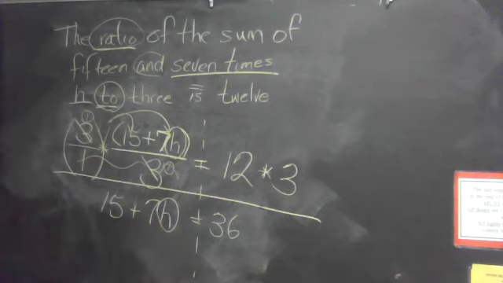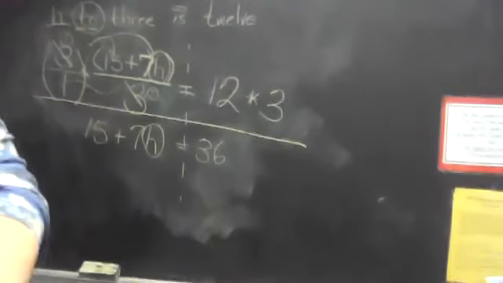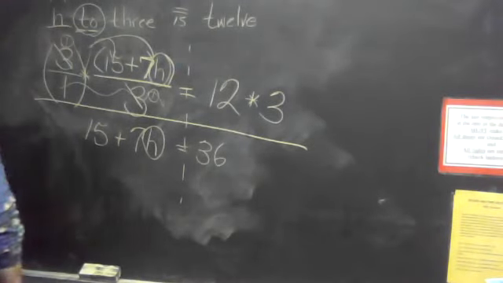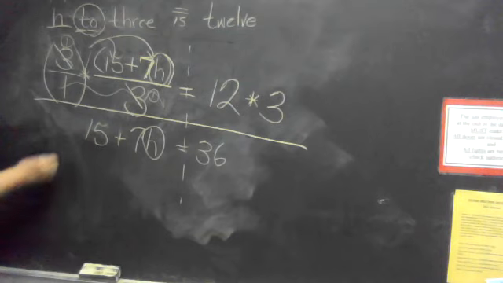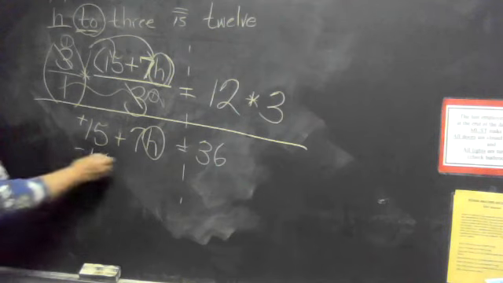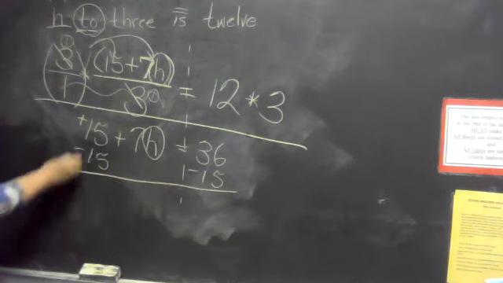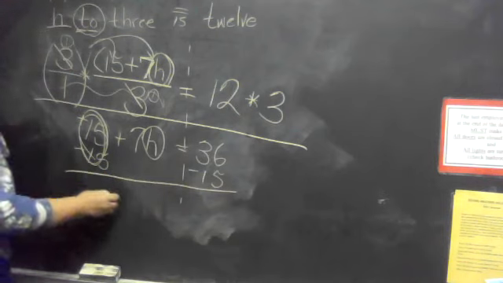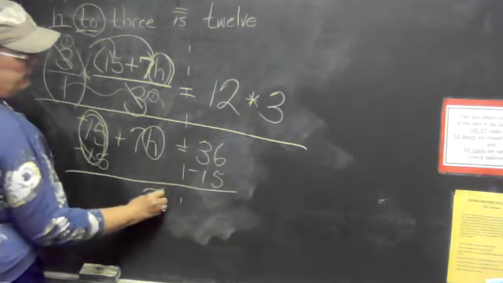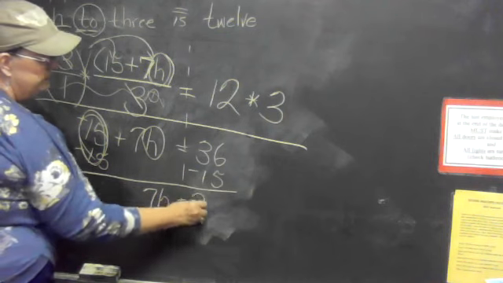And now what do we need to get rid of? Sorry, what do we need to get rid of now? 15. 15, and the sign is plus. So we're going to minus 15, and we have to balance on the other side. 0 pair. So we have 7H left equals 21.